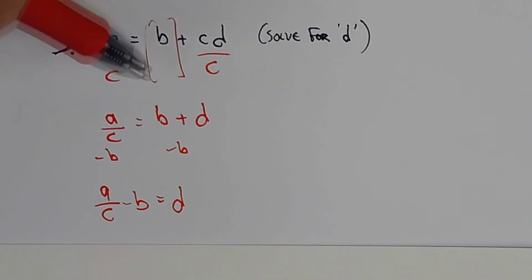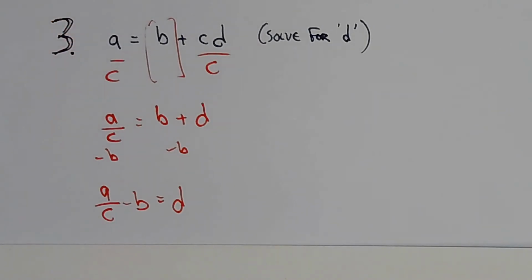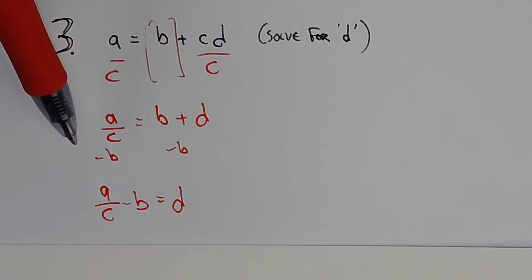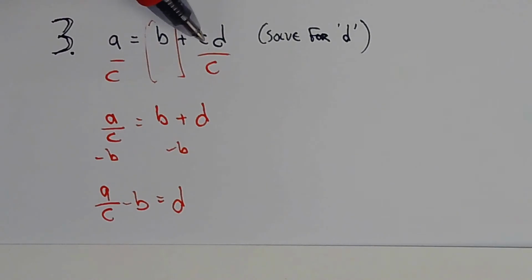This has to be B divided by C. And if you actually follow that rule, you can see that you really don't get much closer at all using this approach, because you get the C out of this term, but you would end up with an over C in this term. So you're not actually moving C entirely to the other side of the equation. Whatever you do to one term, you have to do to the other term. And what I refer to as terms is items that are separated by plus or minus. They're not just strung together with multiplication.